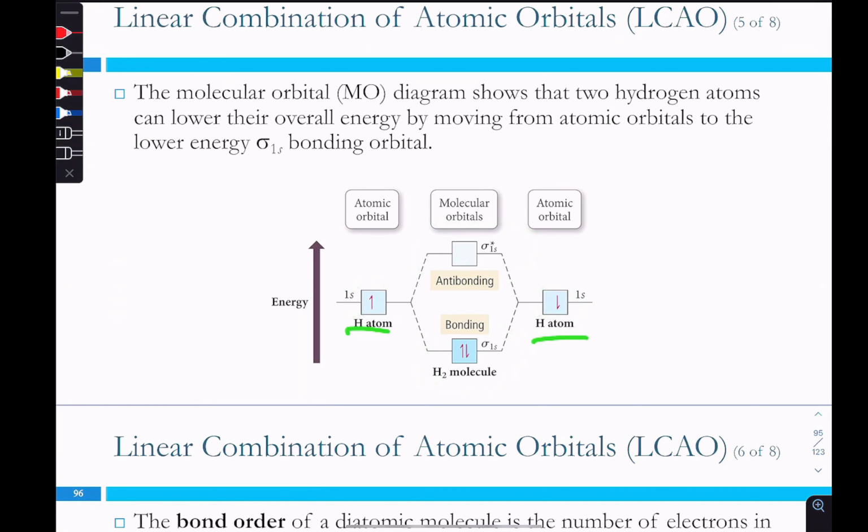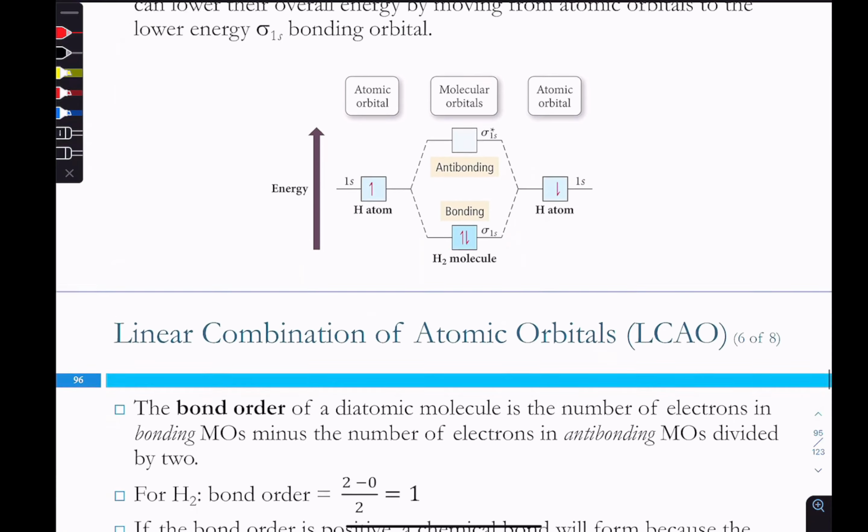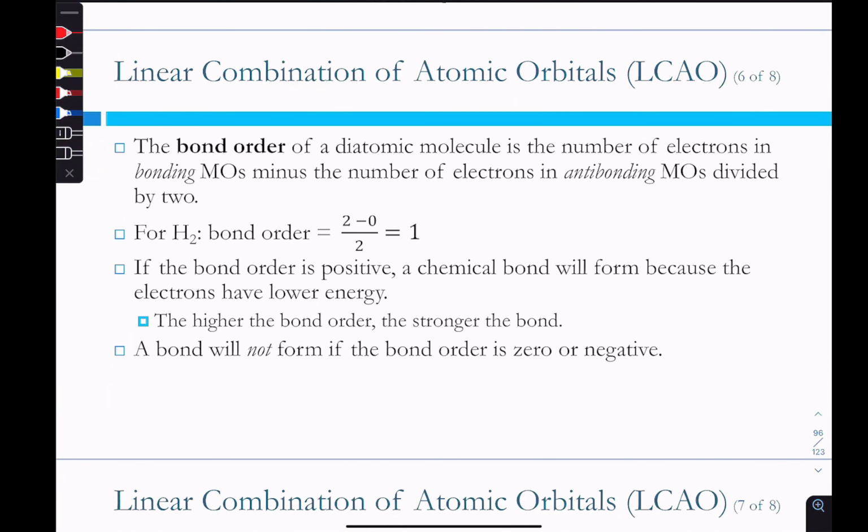So for hydrogens, this ends up being favorable because each one brings one electron, they bond and form a sigma bond, and there aren't any electrons left over that would go into this anti-bonding orbital. So it's only constructive.